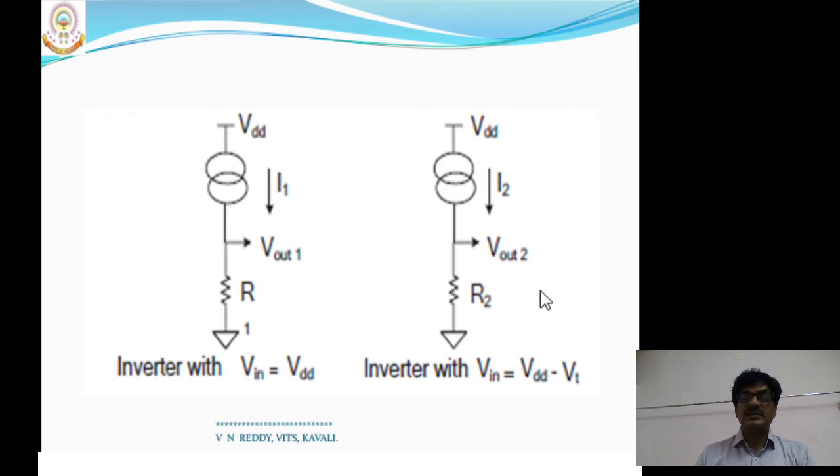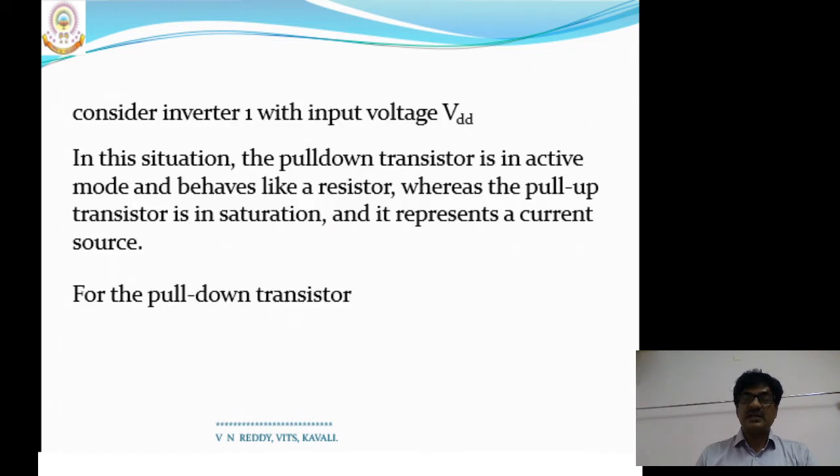Similarly, in the second inverter case also, the pull down transistor is represented by a resistor R2, whereas the pull up transistor is represented as a current source with the current I2. With this, let us see the currents of each transistor and also the resistance values.